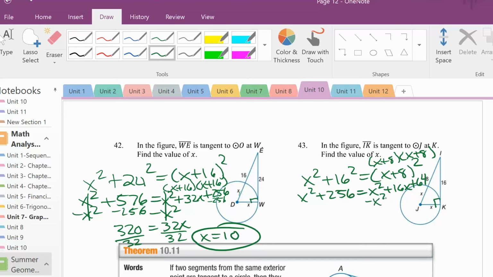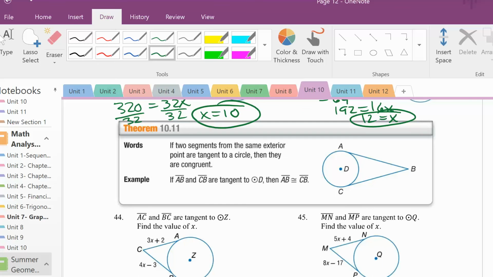So then you subtract. And you get 256 equals 16x plus 64. You subtract 64. And you get 192 equals 16x. Divide by 16 and you get x equals 12.